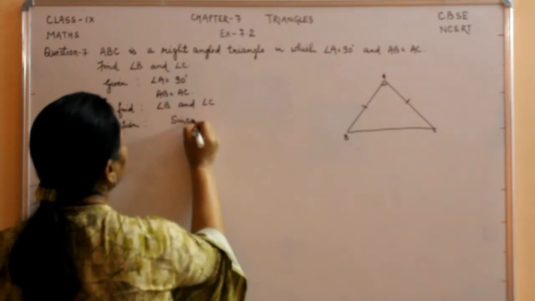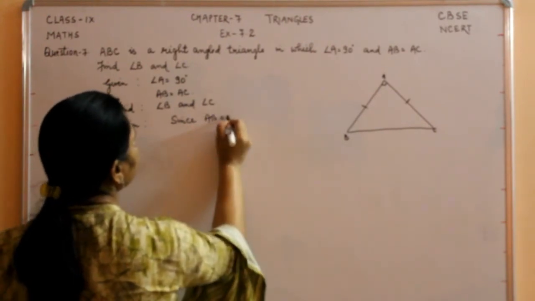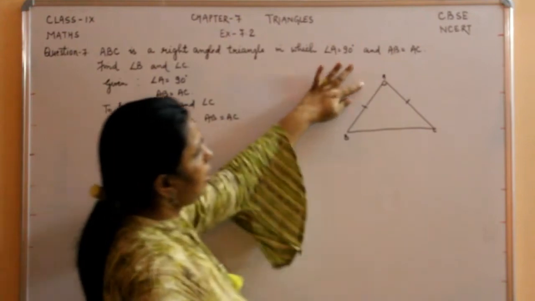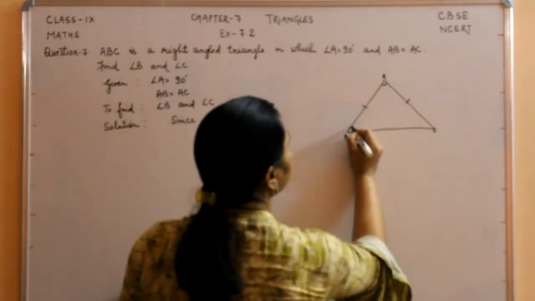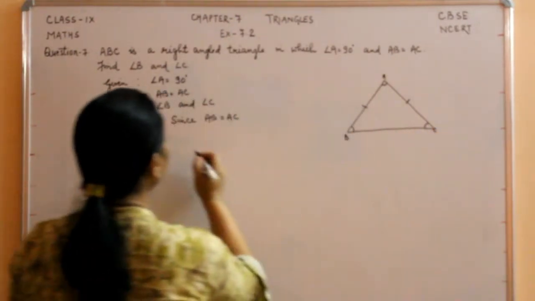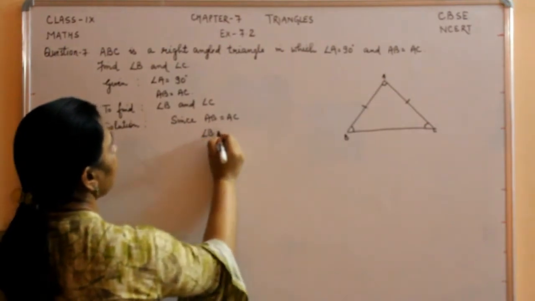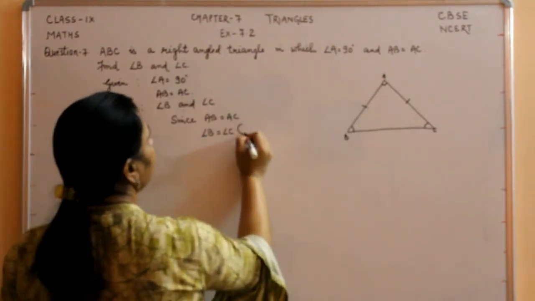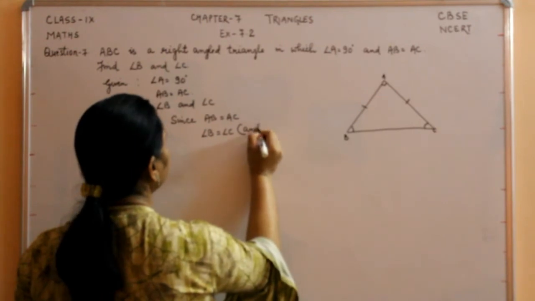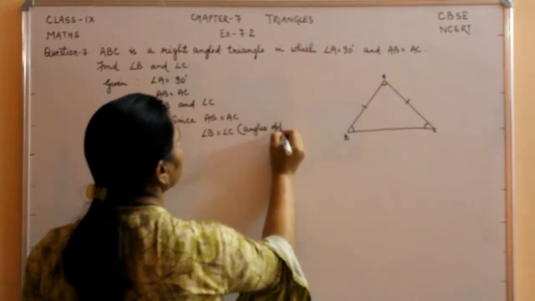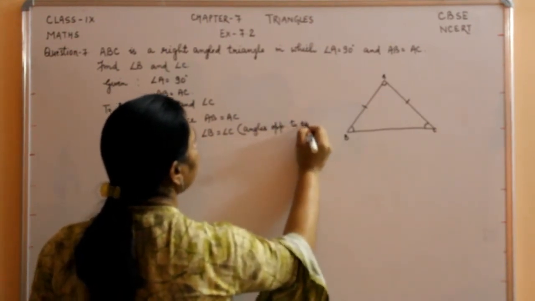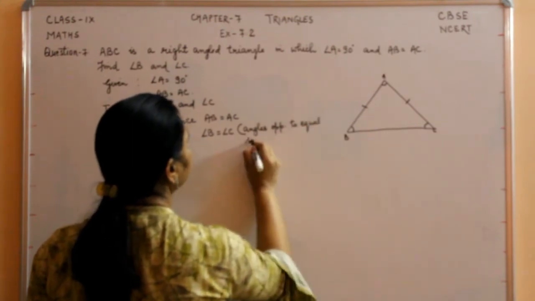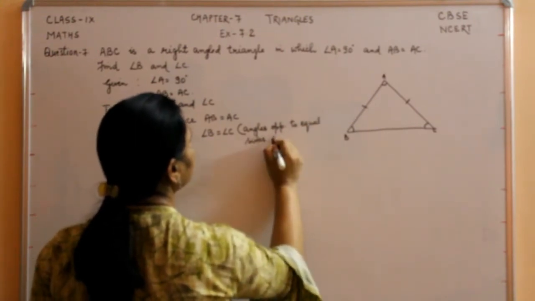Since AB is equal to AC, this means angle B will be equal to angle C. Angles opposite to equal sides are equal.